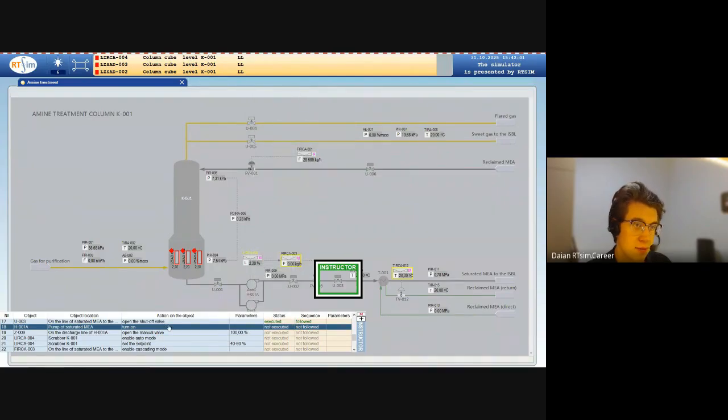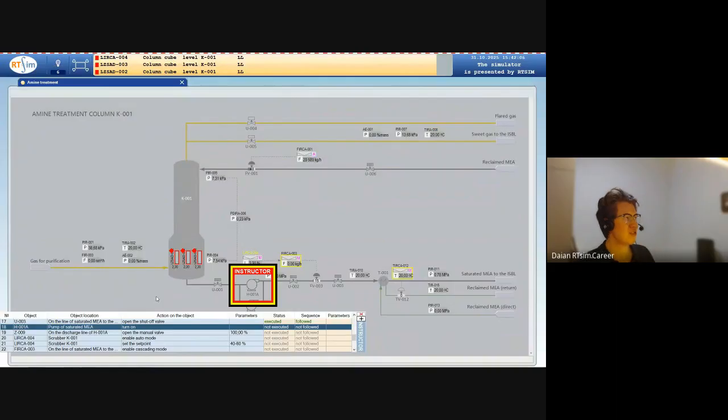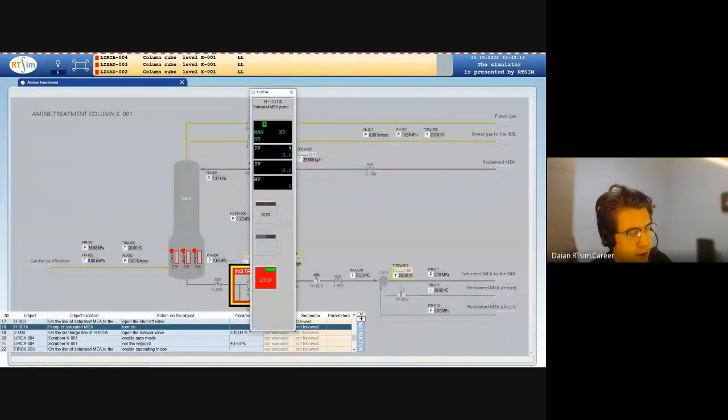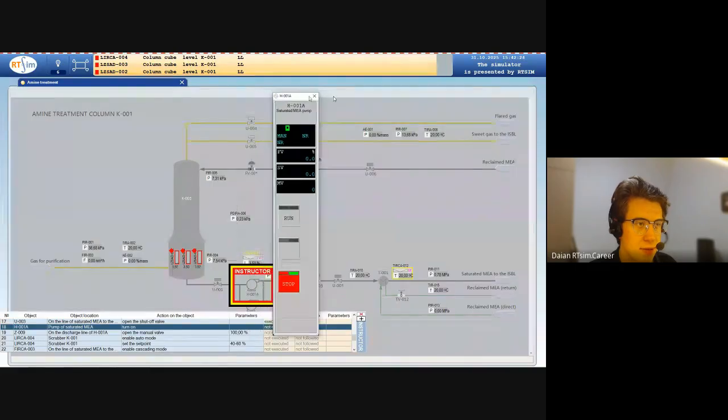Now we have just opened the shadow valve, and one of the main mistakes is to turn on the pump when our column is not filled above the minimum values yet.